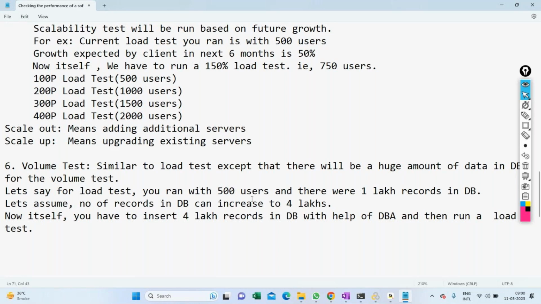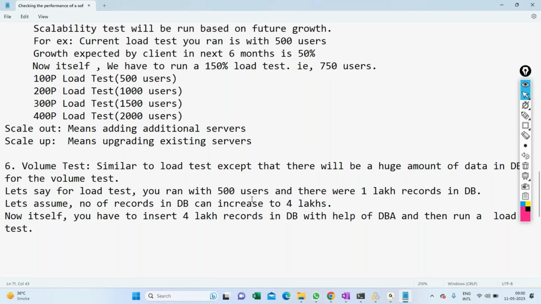Otherwise, it's not required. It's purely a kind of database performance testing, more of a database performance testing rather than a web application performance testing. However, we are applying the load through the application UI only, but the primary focus is on how the database queries are working.